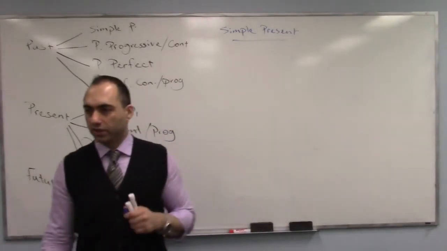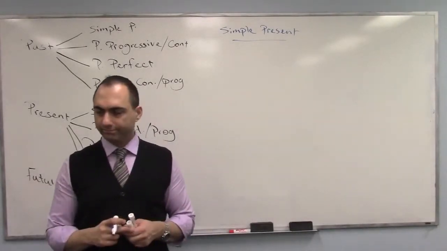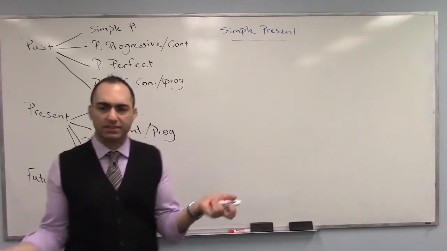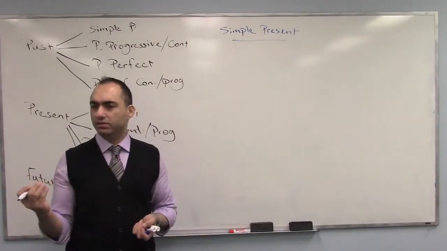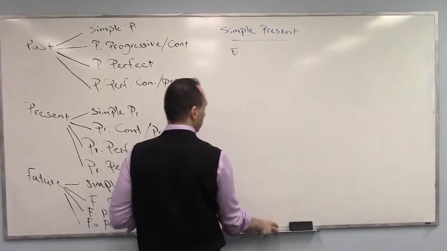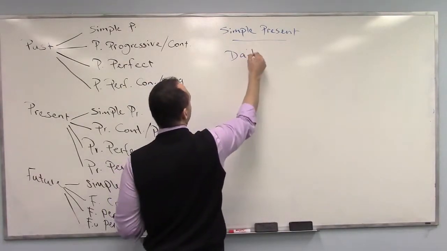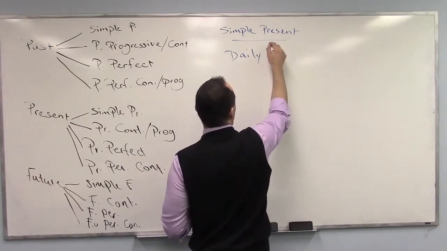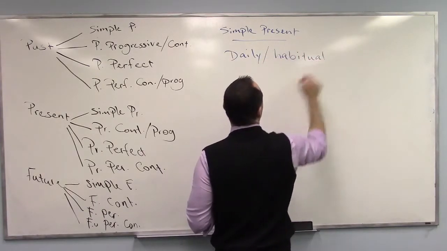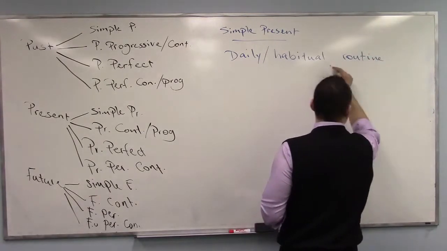Simple: I go to school every day. I do my homework every day. I cook. So this is about what kinds of activities? It's about daily and or habitual routine activities.